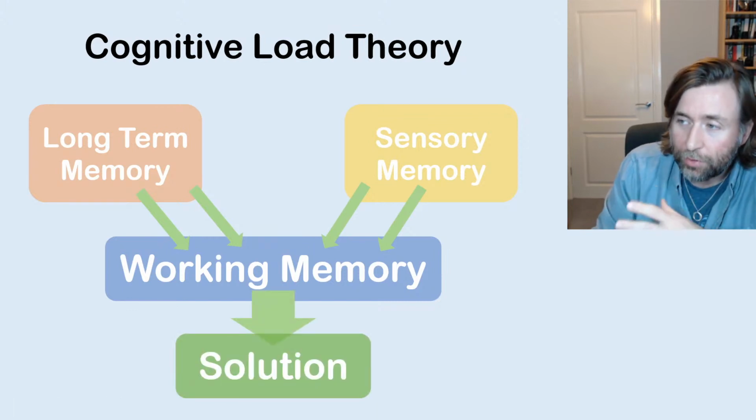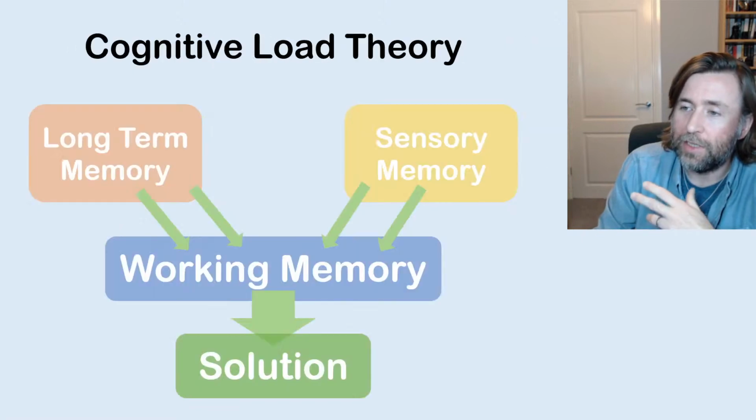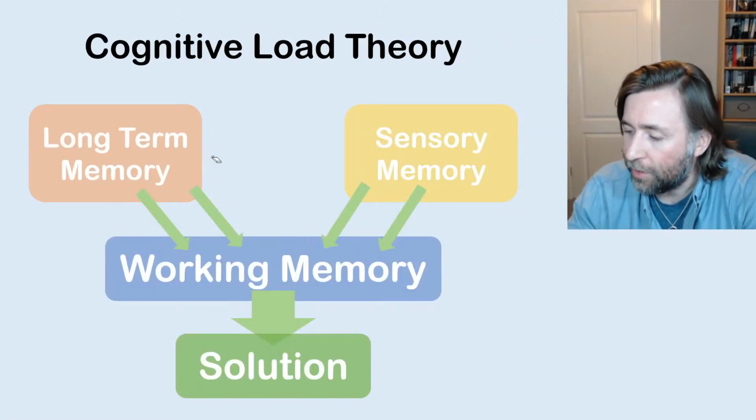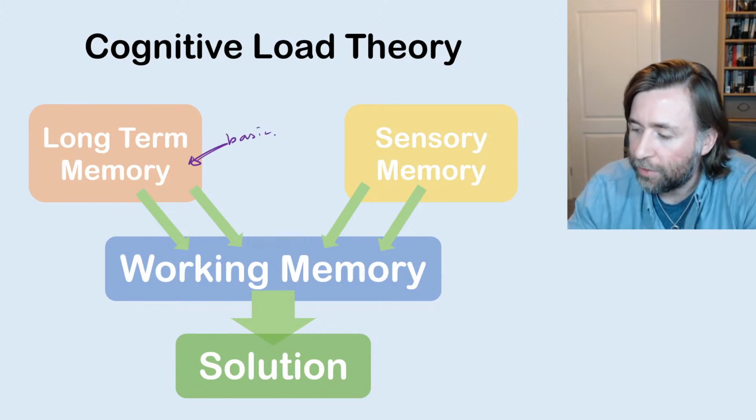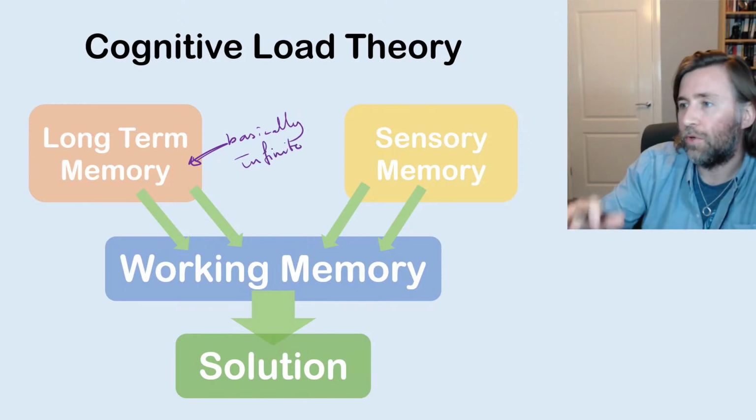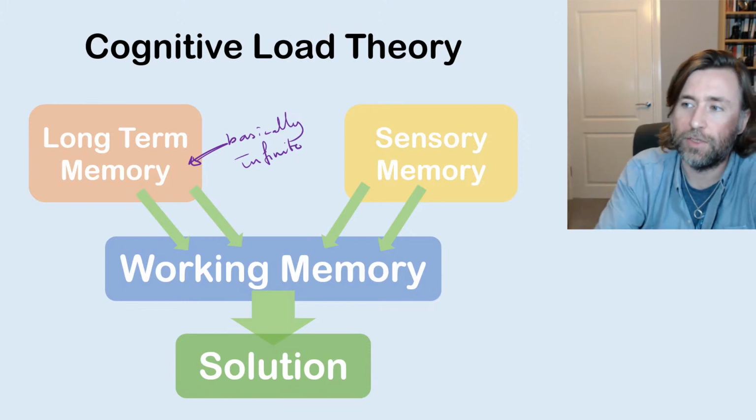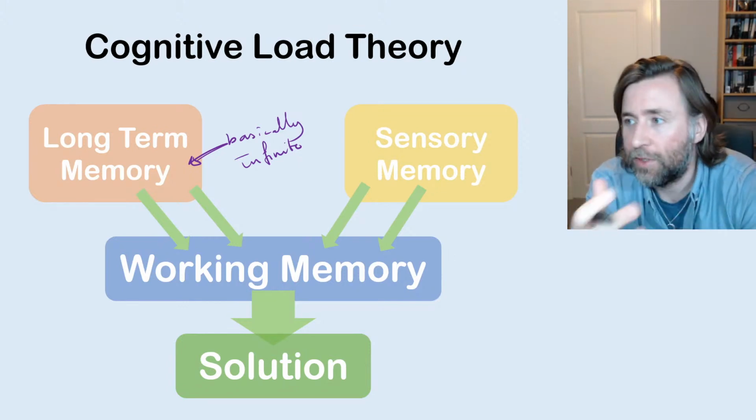And the good news is, we think that actually the long-term memory is basically infinite. Okay? It has no limits. You can stuff more and more and more information into that long-term memory, and that's really good news.